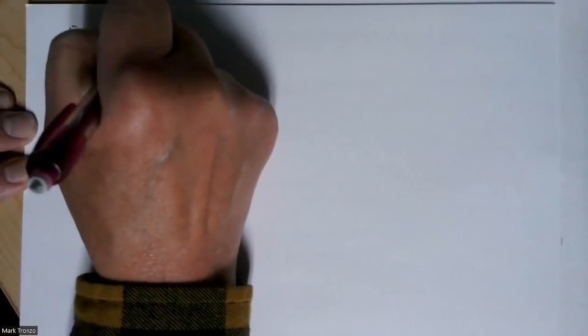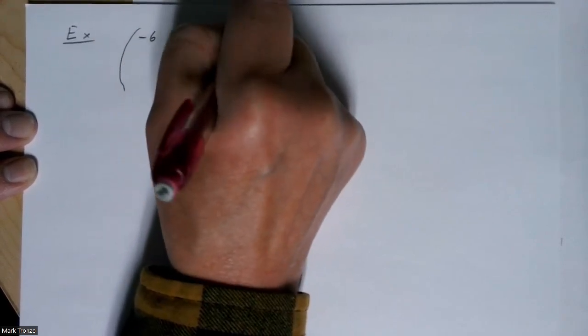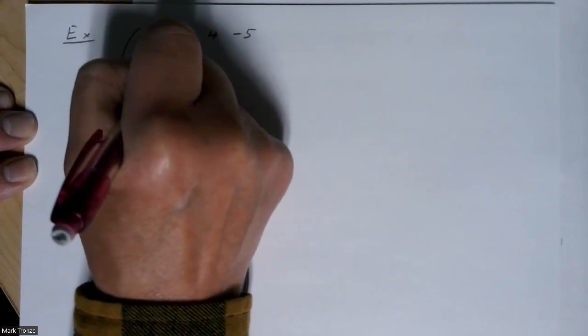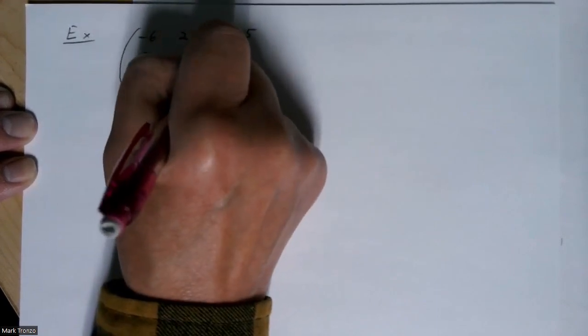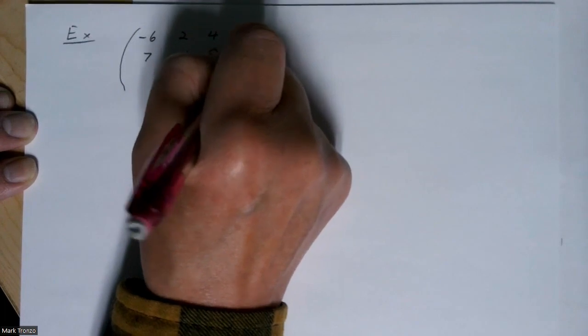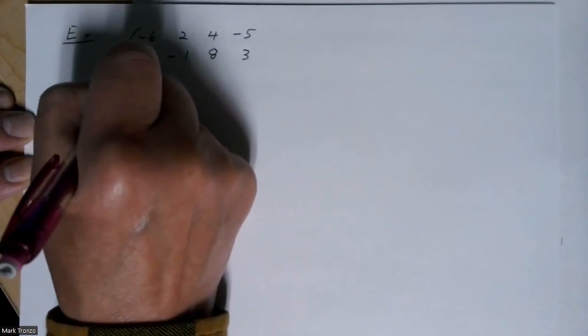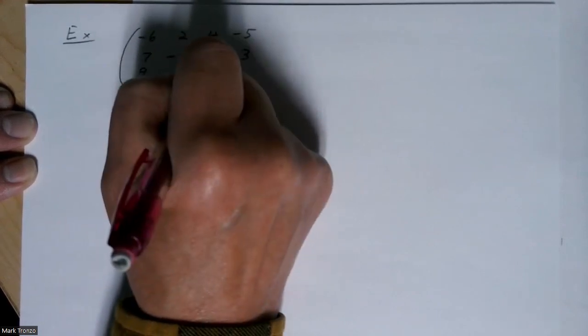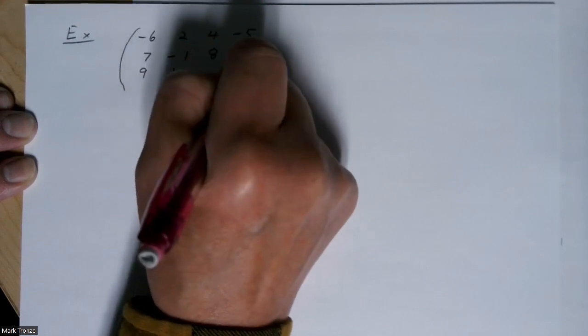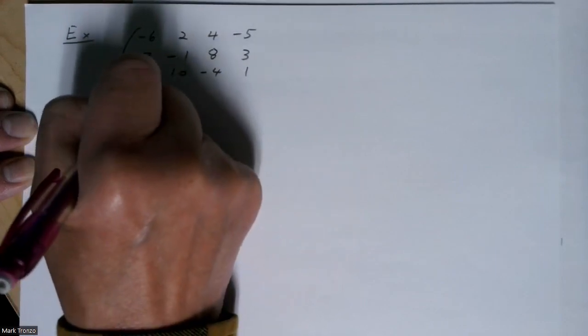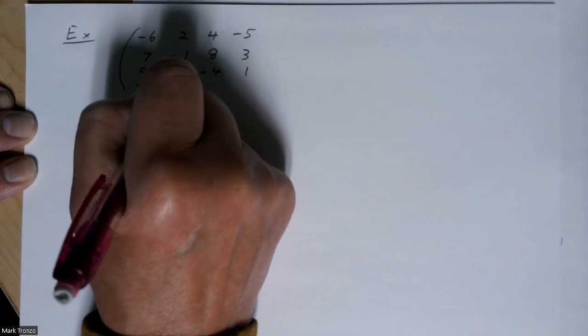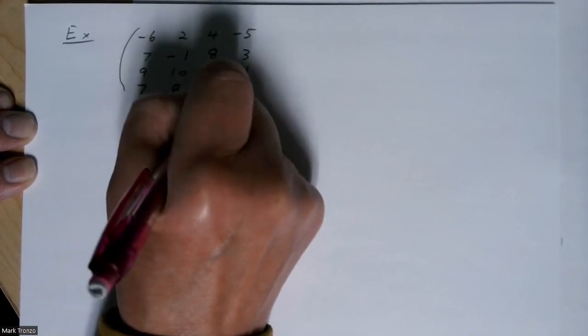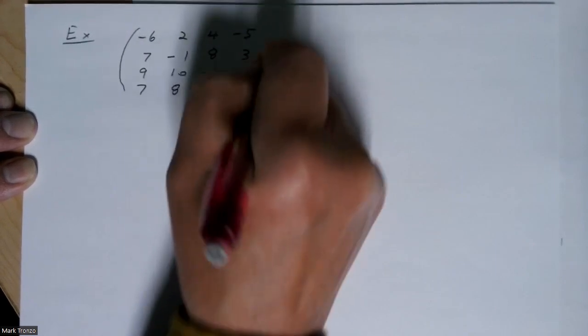And so let's say minus 6, 2, 4, minus 5, 7, minus 1, 8, 3, 9, 10, minus 4, 1, 7, 8, minus 8, 13.